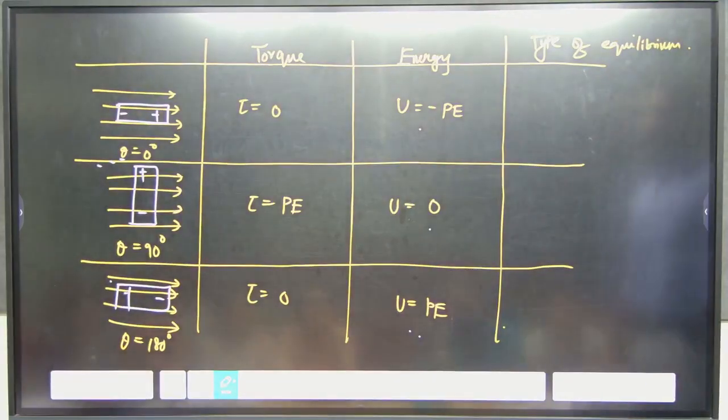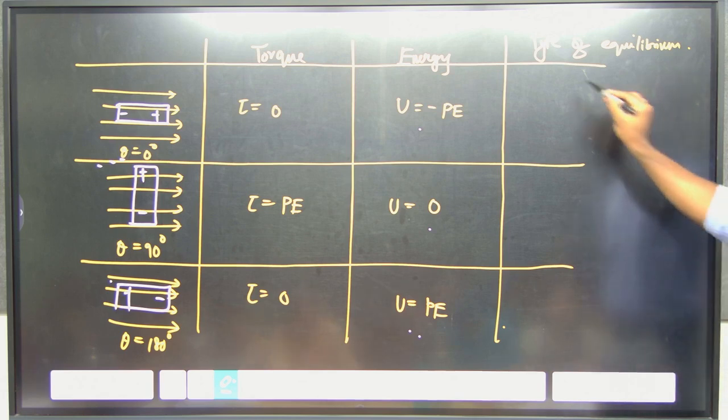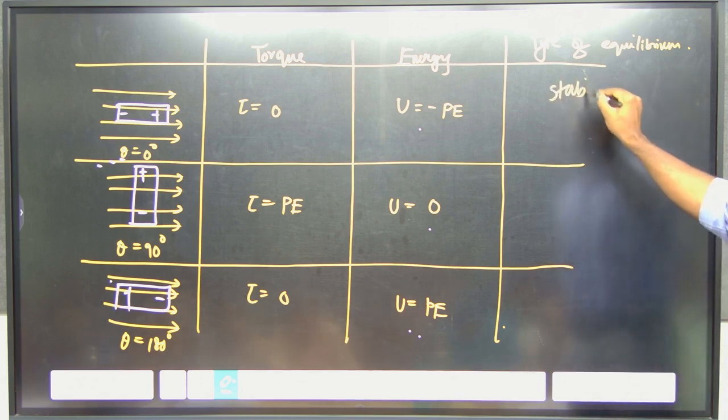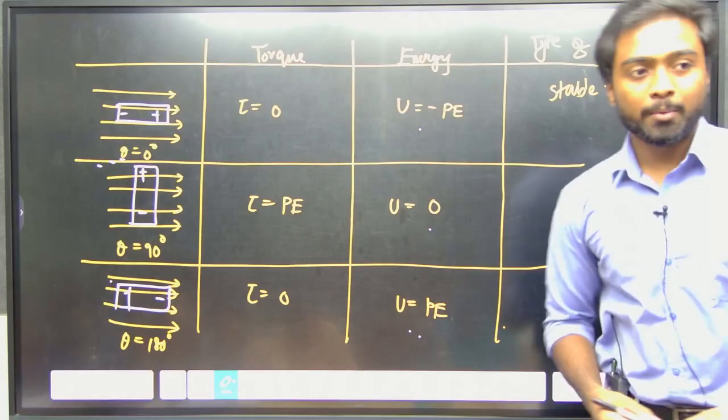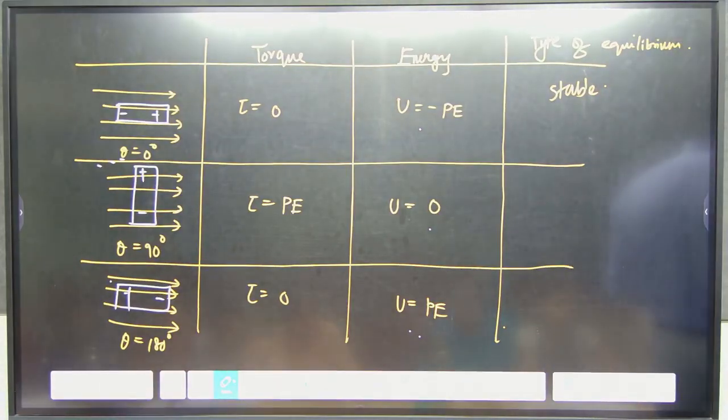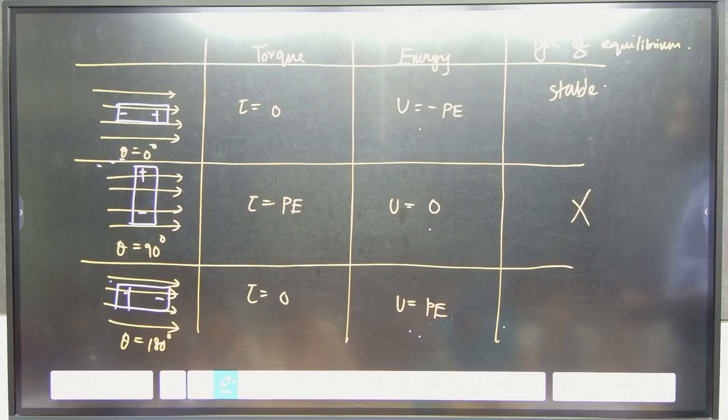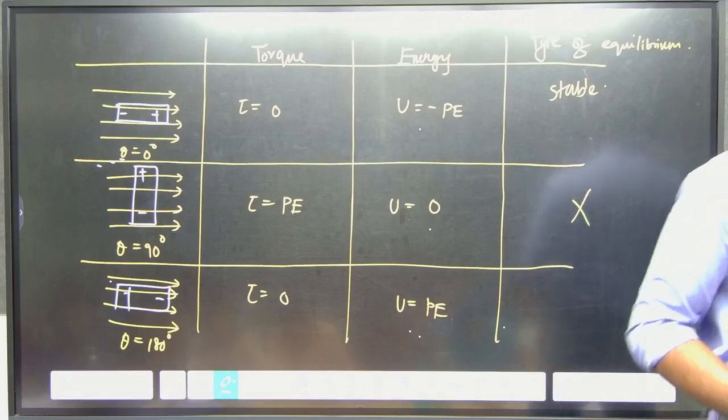So, the type of equilibrium. The first one is stable equilibrium. The second one is unpredictable. And the third one is unstable equilibrium.